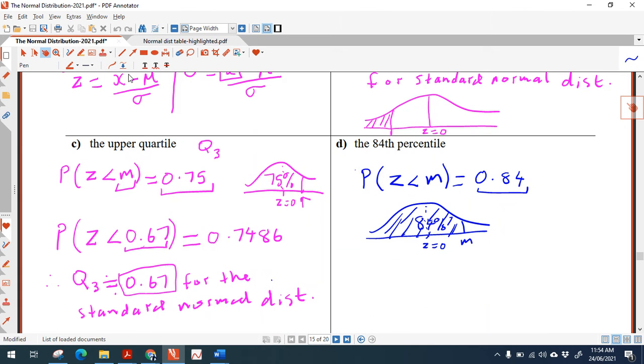Okay, so let's write that down. The probability that z is less than 0.99 is approximately equal to 0.8389.